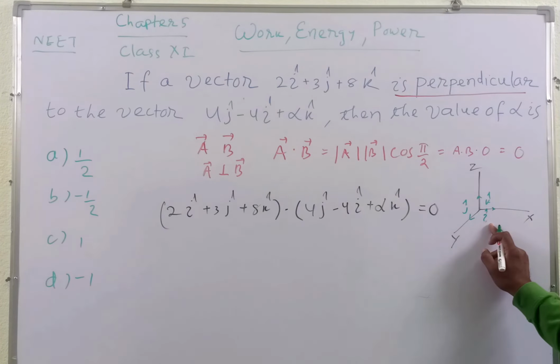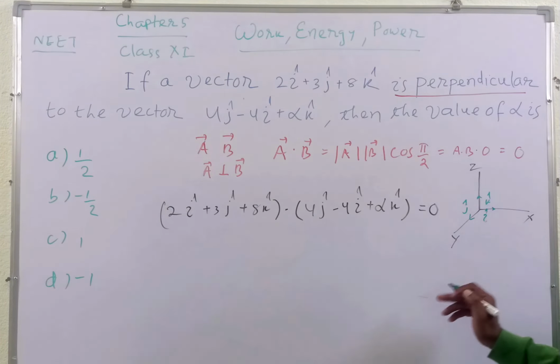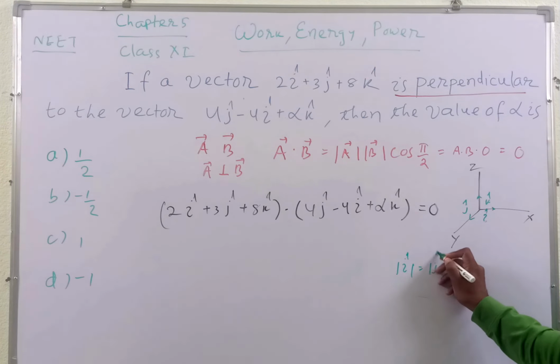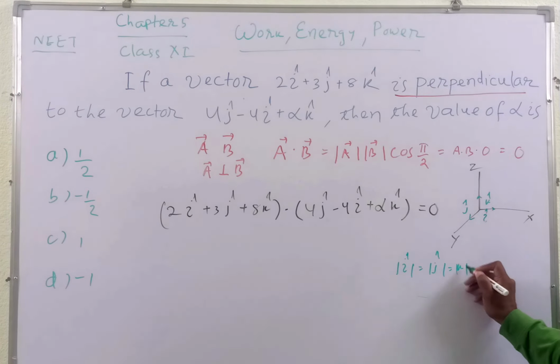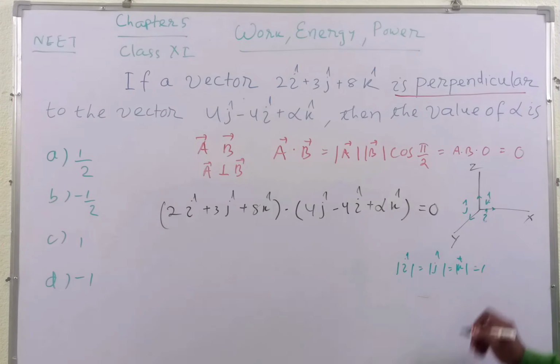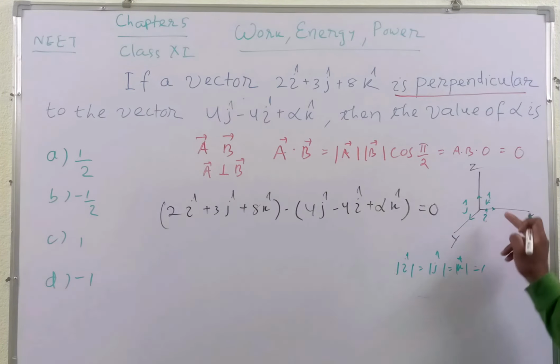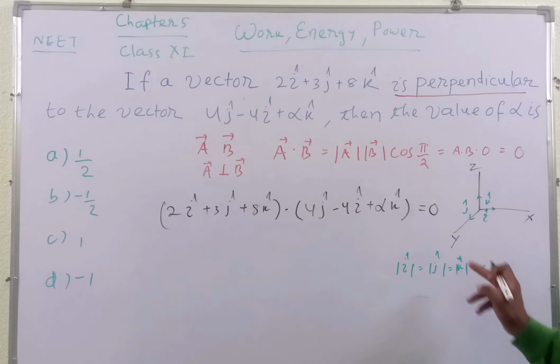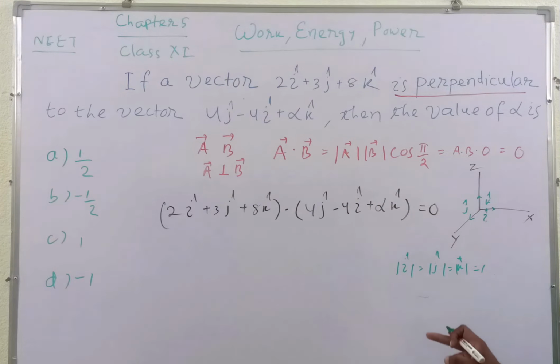And what is the modulus of i, j and k? The modulus of i, j and k is equal to 1 because they are unit vectors. The angle between i and j is 90 degrees, j and k is 90 degrees, k and i is 90 degrees. They are mutually perpendicular to each other.